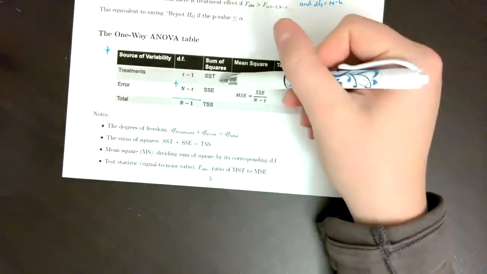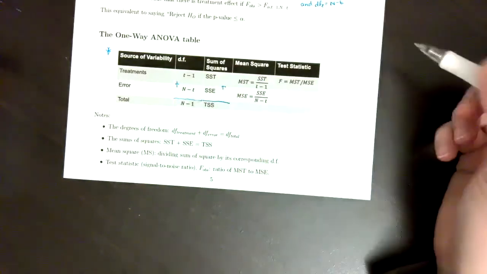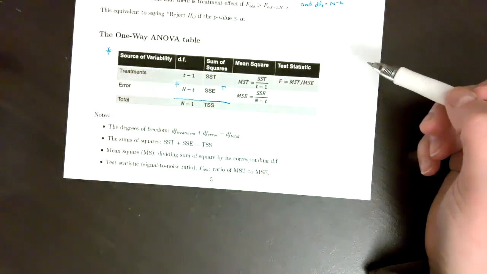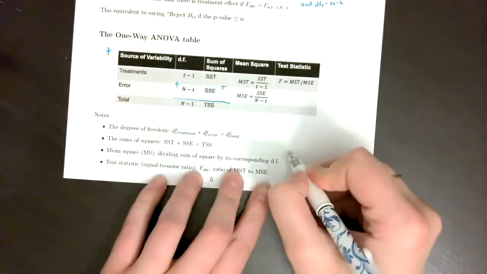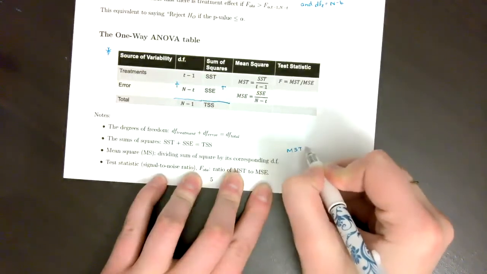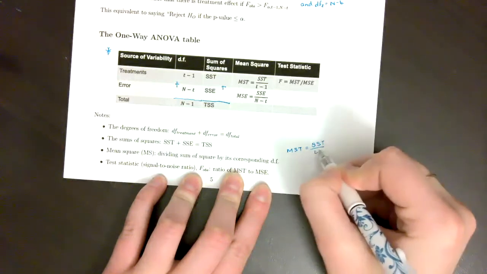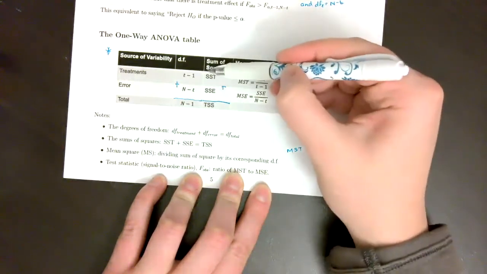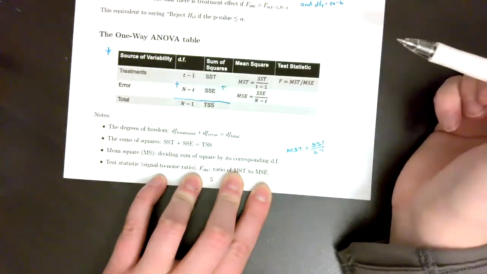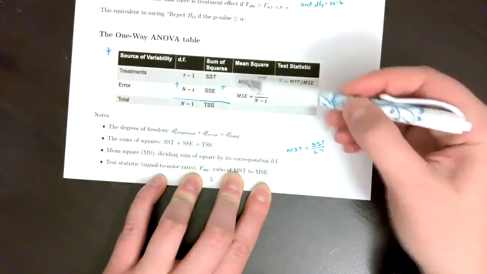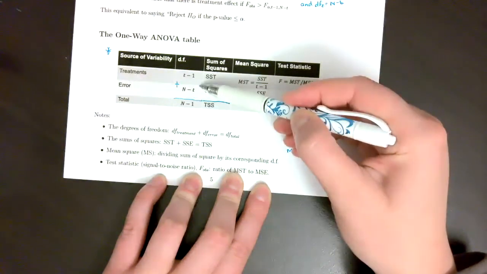Our sums of squares for treatment and error are also additive to give you the total. Our mean squared treatment, MST, is equal to SST over t minus 1, so it's this column divided by this column. Our mean squared error is our sum of squares divided by our degrees of freedom.